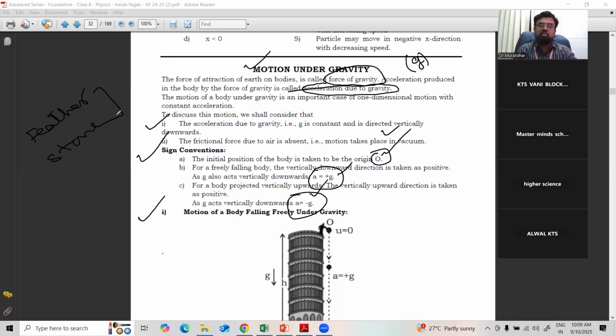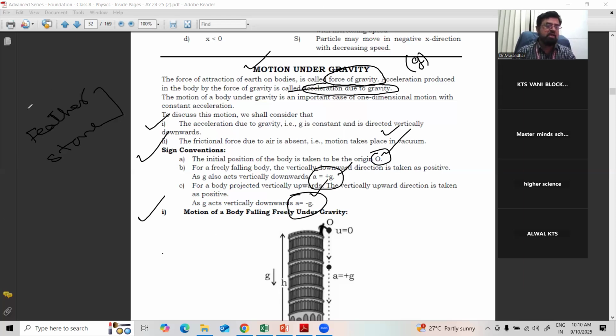That experiment was performed from the Leaning Tower of Pisa. Galileo performed the experiment from that tower, and similarly in a vacuum tube also. In the vacuum tube he found that both bodies reach the ground together, because the gravitational force, acceleration due to gravity, is the same on the body irrespective of the masses.